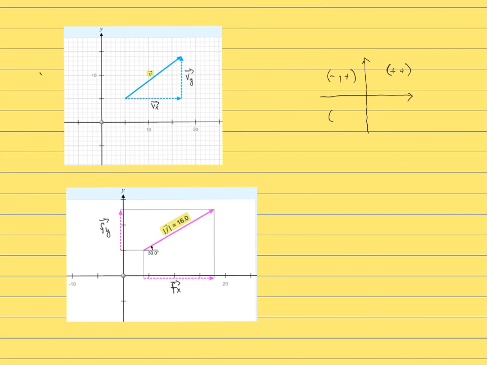This one here is going to have negative components. And here is going to be positive and negative. So this is the x and y. For any vector, we could write that in coordinate type of brackets. Just be aware that sometimes these signs will be different depending on where the vector is placed.